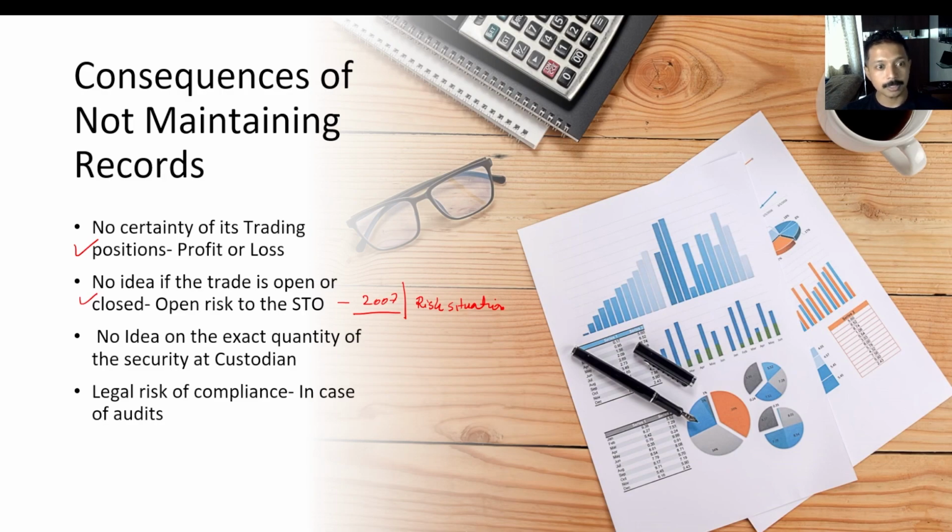Now, of course, the processes have evolved a lot, and now a security trading organization is able to understand its risk position in real time. Another consequence is no idea of the exact quantity of securities that you have. As I was saying, I commit that I'm going to lend you a security, but I don't know whether it's actually there, right?